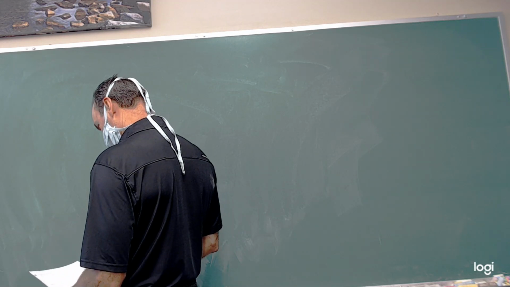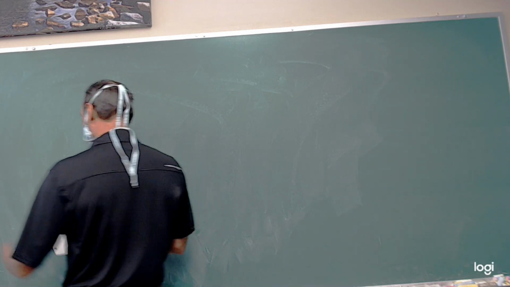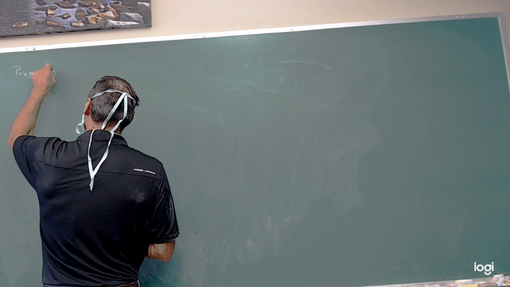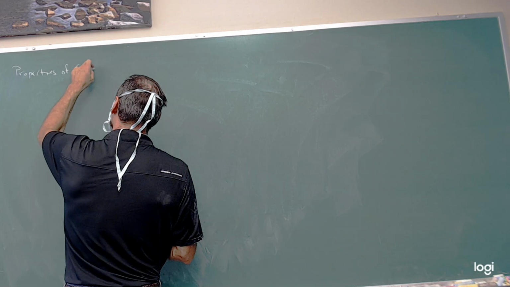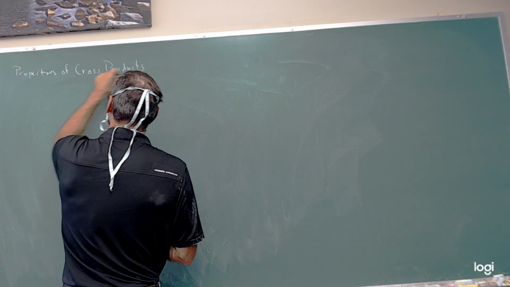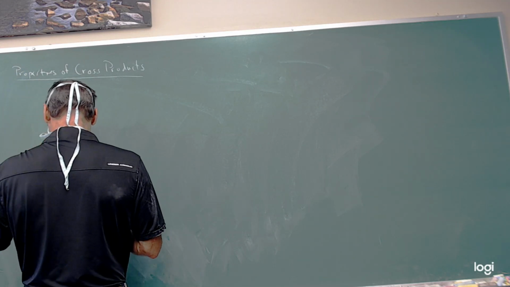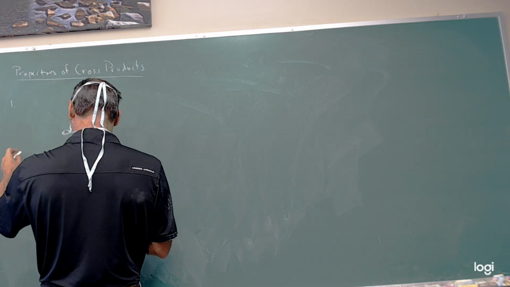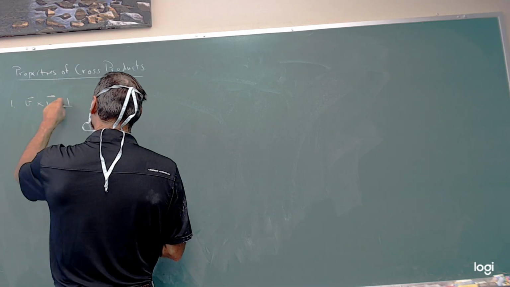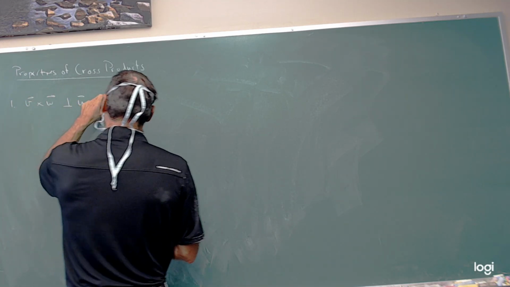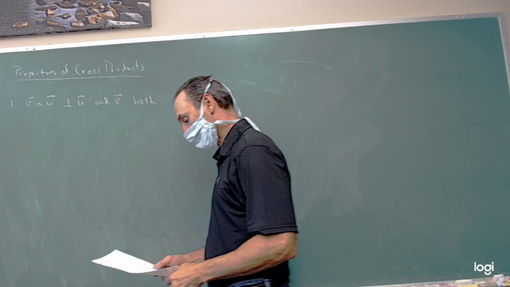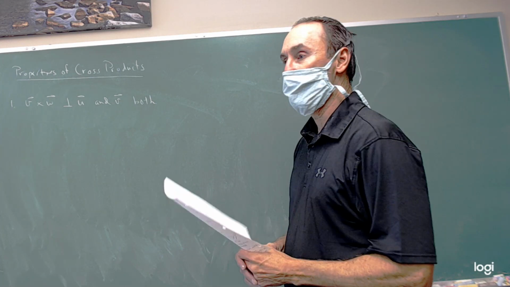Okay, and there's some more though. So properties of cross products. The one is, like we said, that v cross w is perpendicular to u and v both. And we showed that.